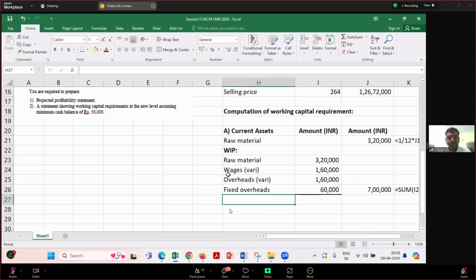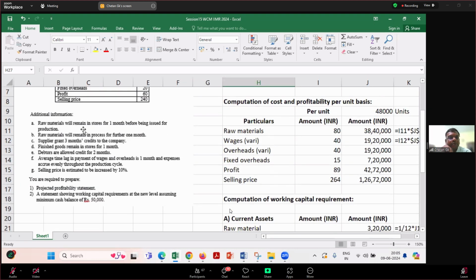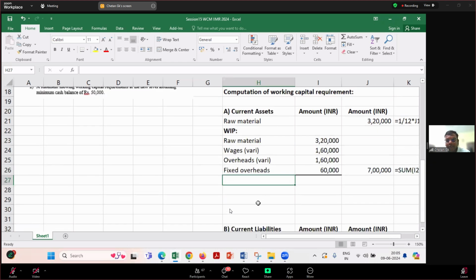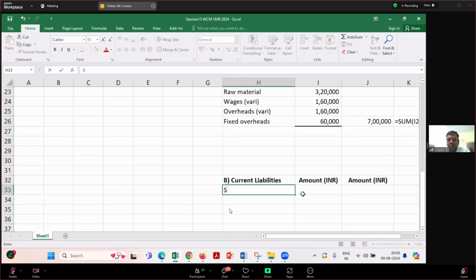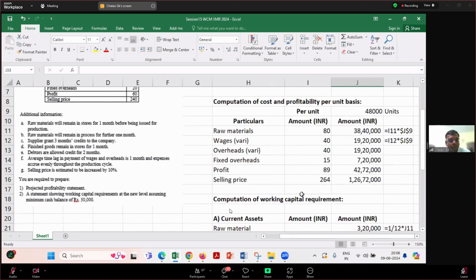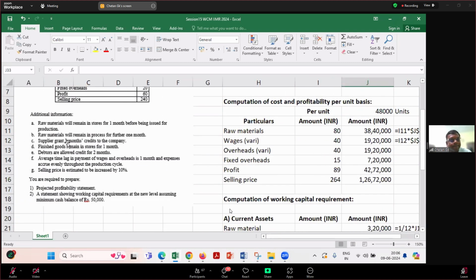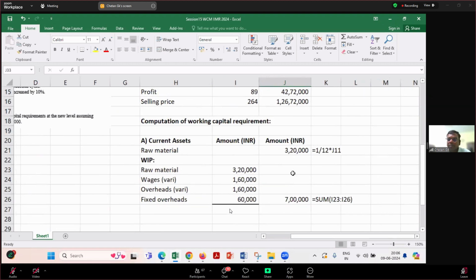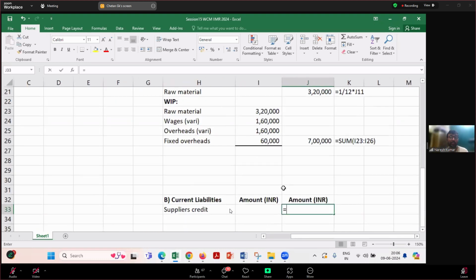Okay, so next item. The raw material in the stores we have discussed already. Second item, the raw material will remain in the process, also discussed. Next is supplier grant of 3 months credit to the company. This is an item of the current liabilities, right? So I'll write suppliers credit here. Since there is only one item, I can write it in the outer column. How much is supplier credit? 3 months, on raw material cost.